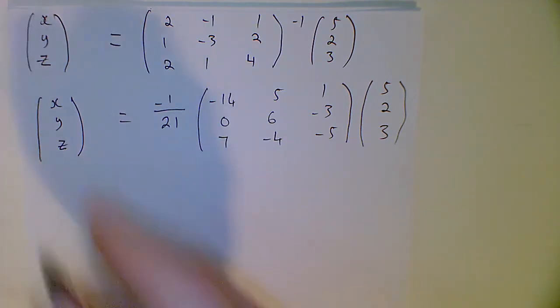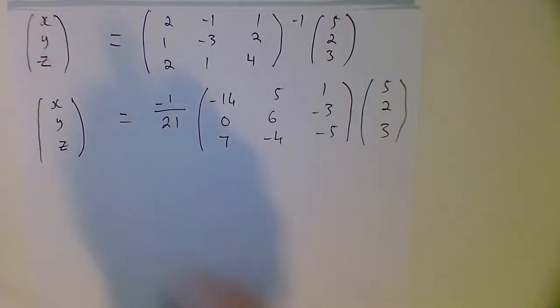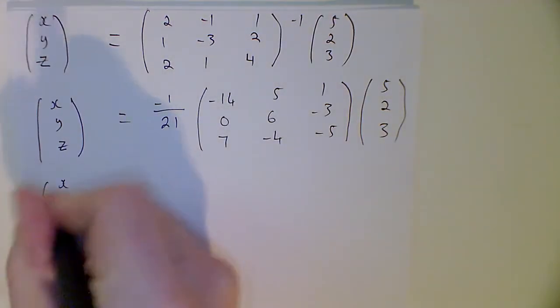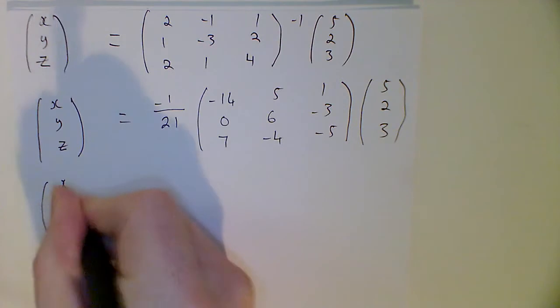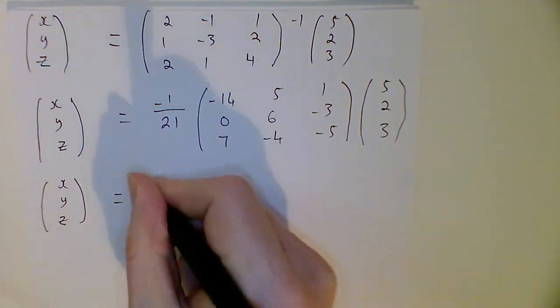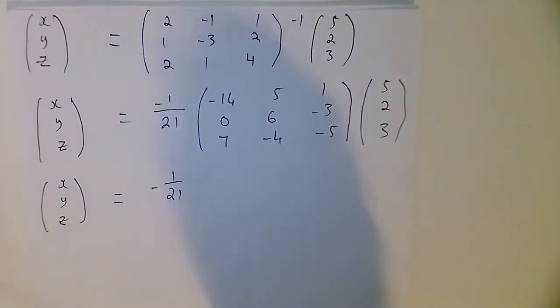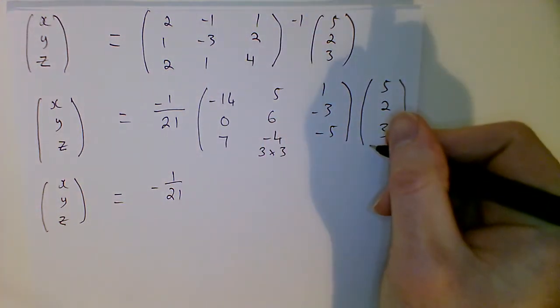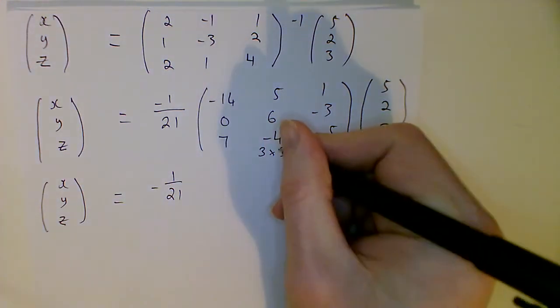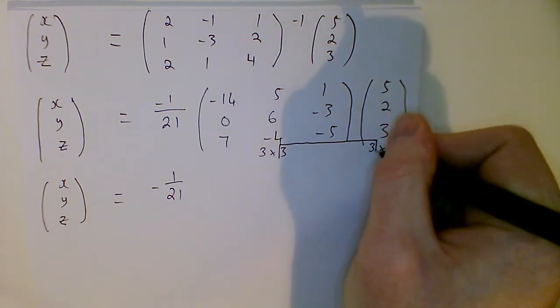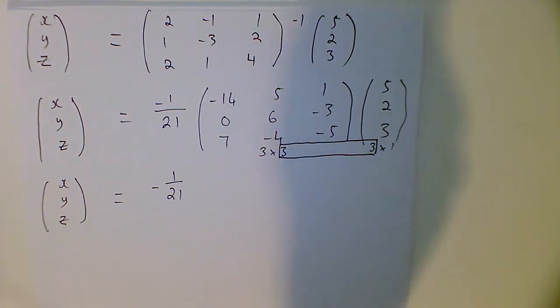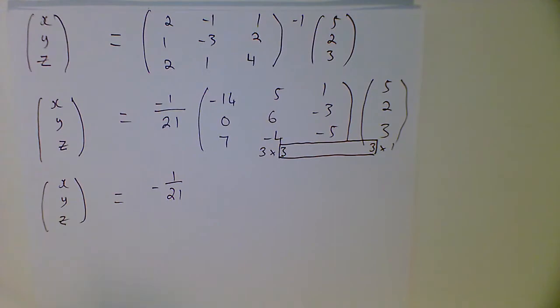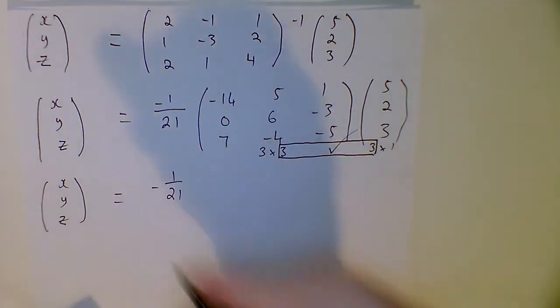So I need to do matrix multiplication. Now that's a 3 by 3 matrix, that's a 3 by 1 matrix, so tick, good for us. We know those matrices are going to multiply together.